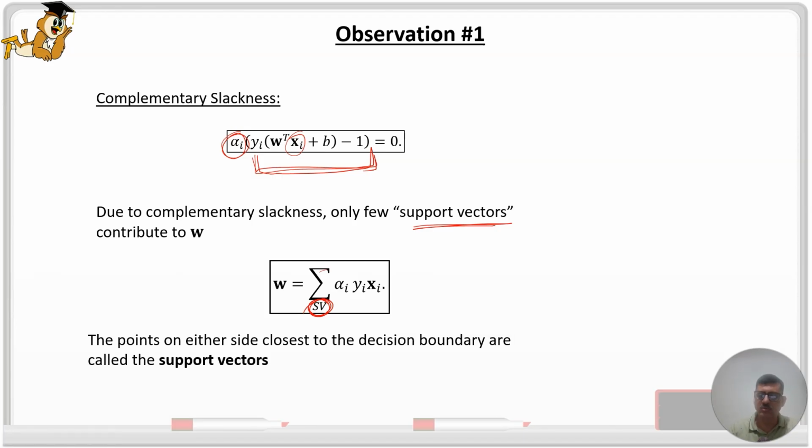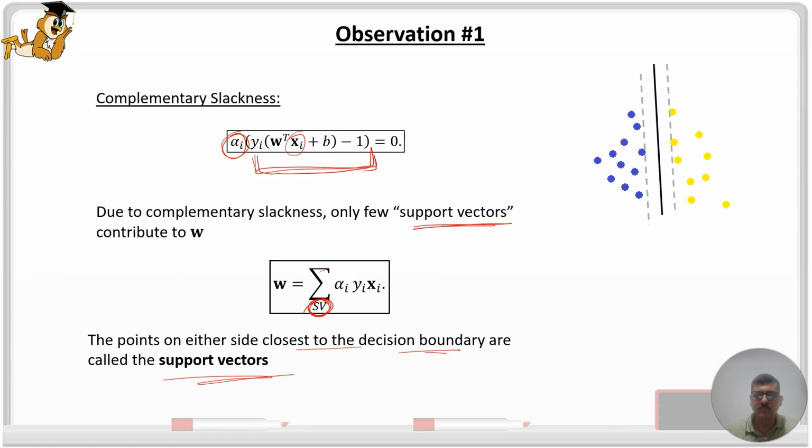So to recap once again, the points on either side closest to the decision boundary are called the support vectors. Now, where does this terminology come about? You can sort of picture it in your mind that the points that lie on this margin plane are called support vectors because they are preventing this hyperplane from moving any further on this side.